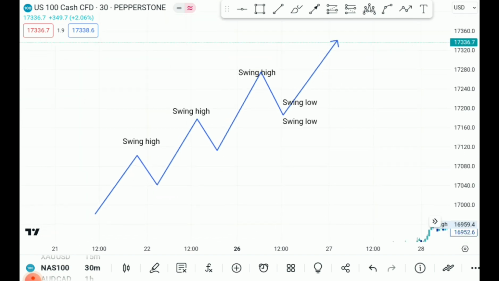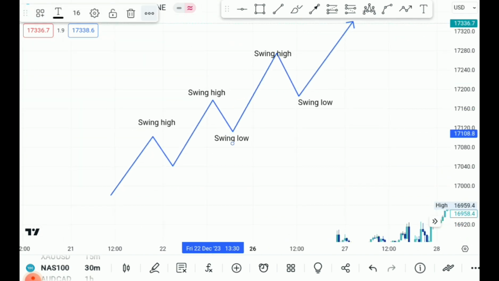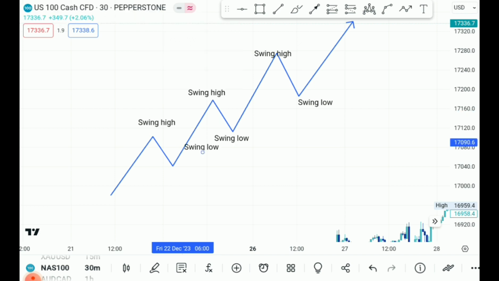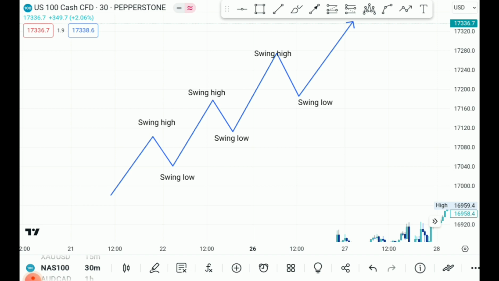Swing low. Swing low. So what this means is, in an ideal uptrend, price will be making higher highs and higher lows.